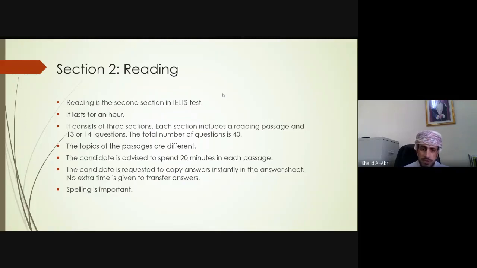So it's a long passage, and each one consists of 13 or 14 questions. The total number of all these 3 sections is 40 questions. And the topics, of course, are different. They are taken from different magazines and newspapers.